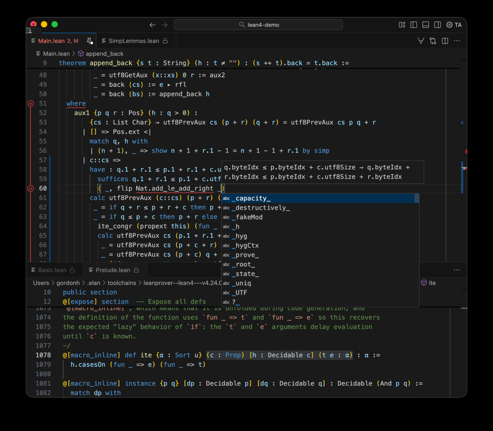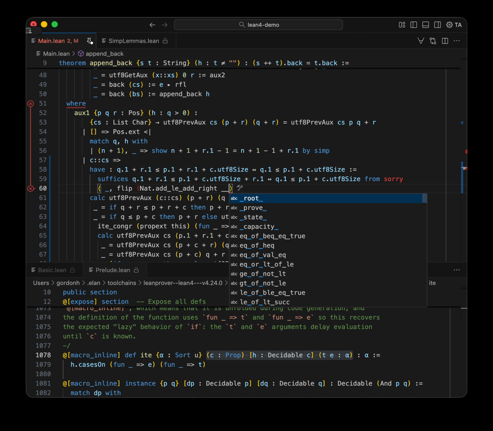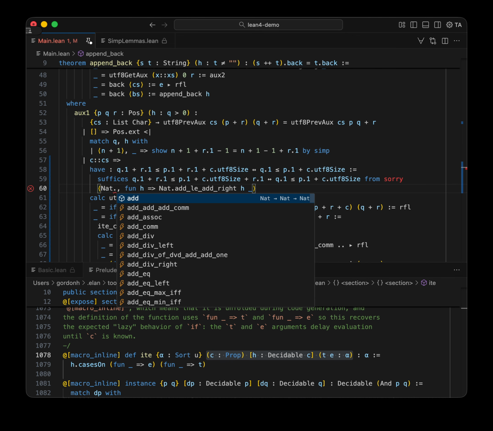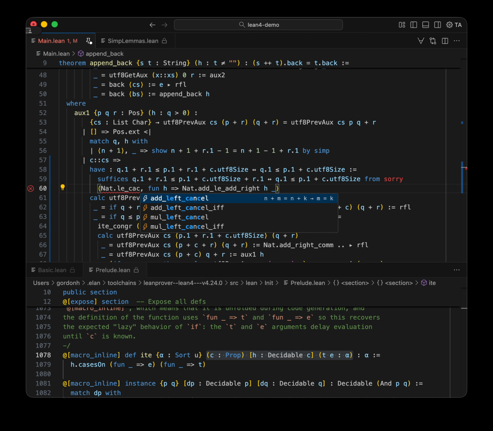Not working. Okay, let's do it explicitly. What about this side? Why don't I see my cancellation rule, man, for less than and equal to?